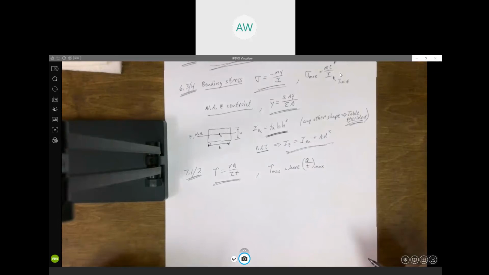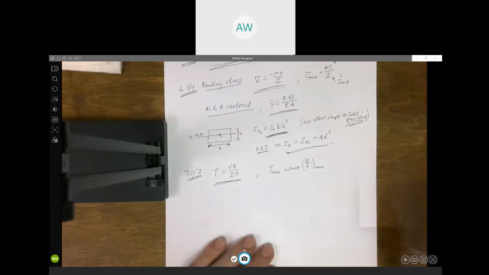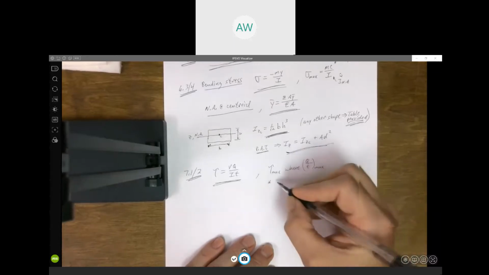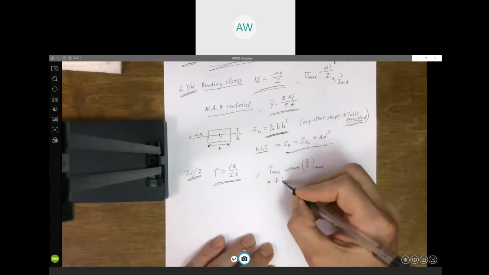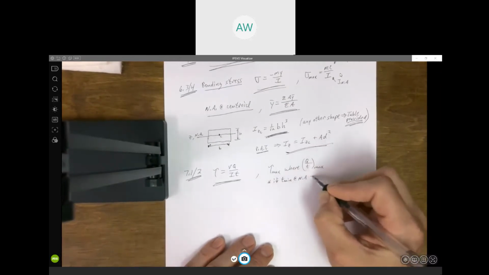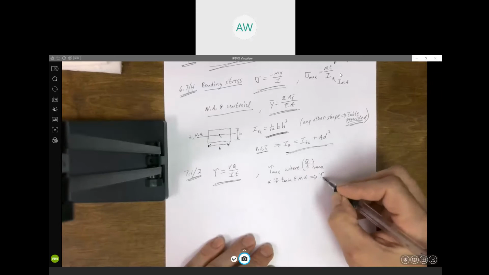V and I are constant with respect to the cross-section, but Q and t change. What I told you was, look and see, does the minimum thickness occur at the neutral axis? So remember, if t min is at the neutral axis, then that's where tau max will be.